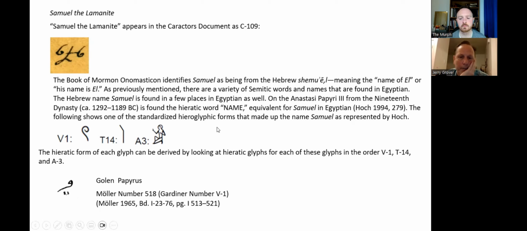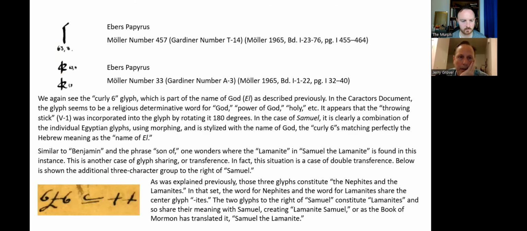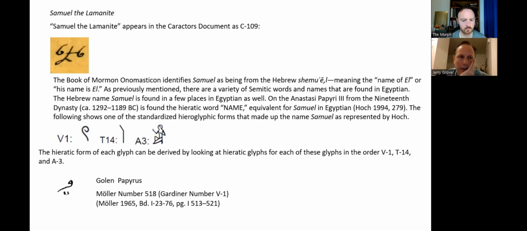So you can derive this glyph out of that. You have that little... This is the standard form in Egyptian for the name Samuel. So you already have the little curly thing, right?